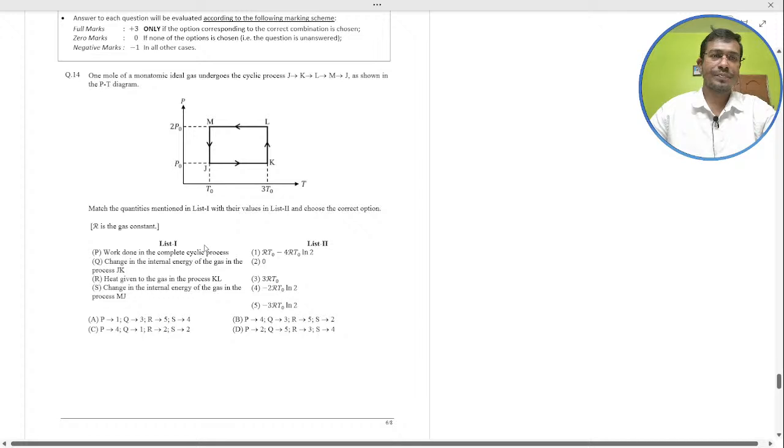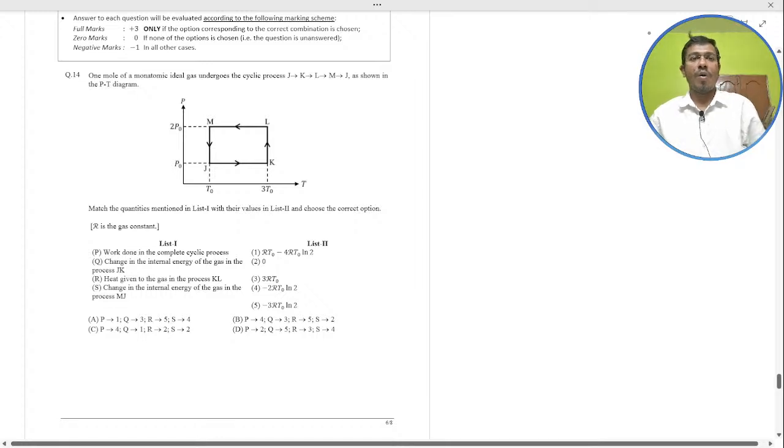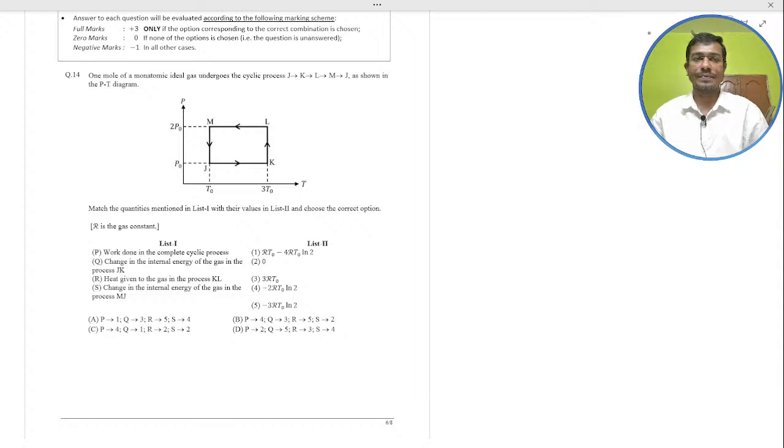Number 1. One mole of a monoatomic ideal gas undergoes the cyclic process J to K to L to M to J as shown in the figure, PT diagram.